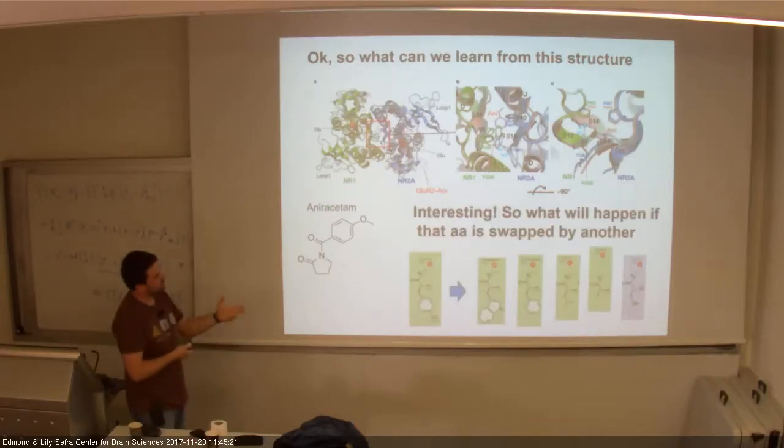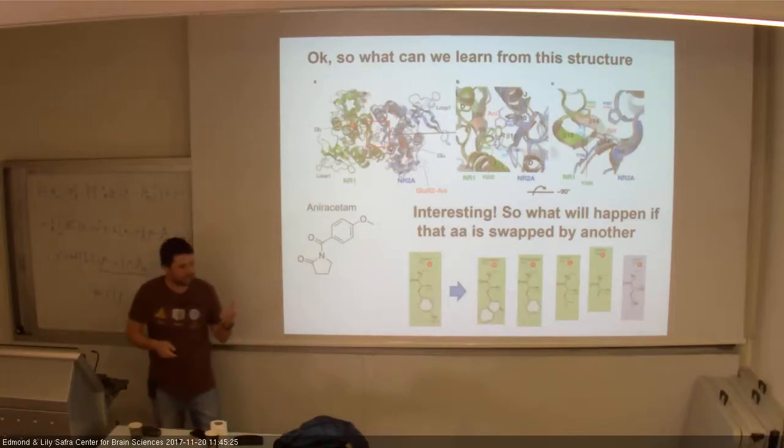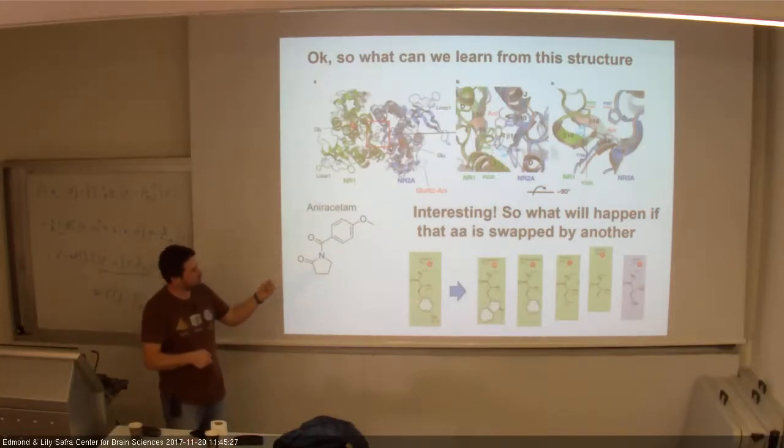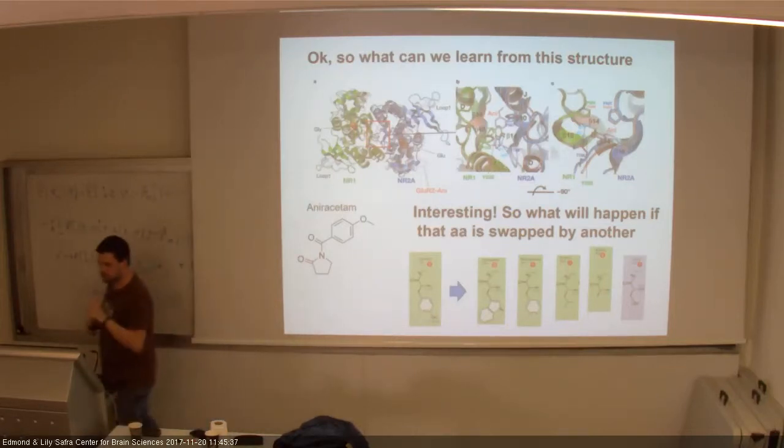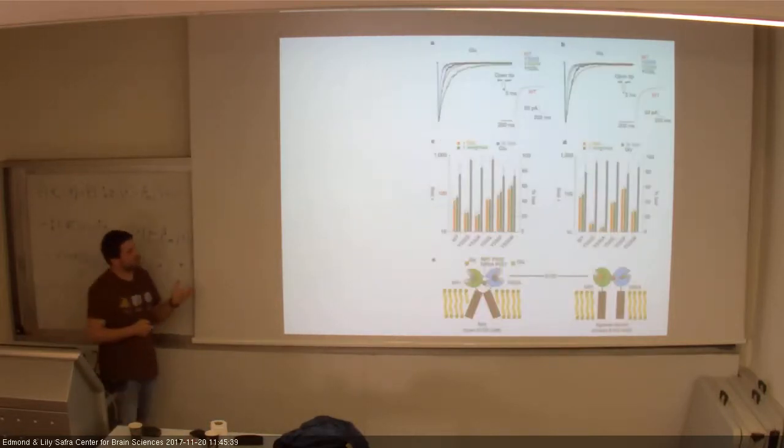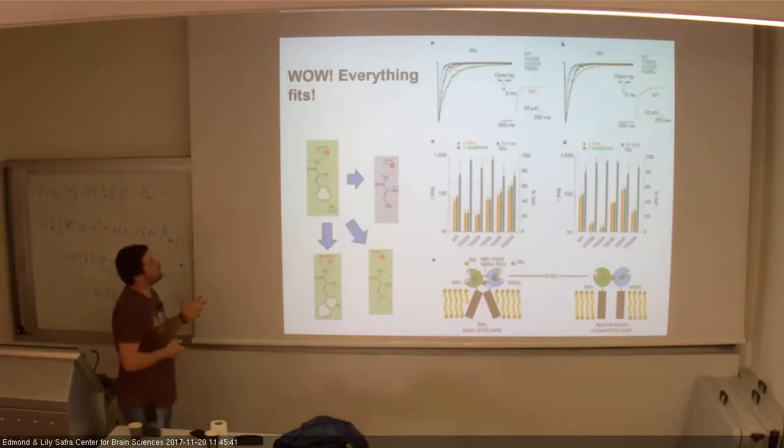And then, okay, if this is actually correct, what will happen if we swap this amino acid, the tyrosine, or this aromatic loop of the tyrosine that is sitting here and stabilizes these structures, with different amino acids? What they actually found out is that everything fits their model.